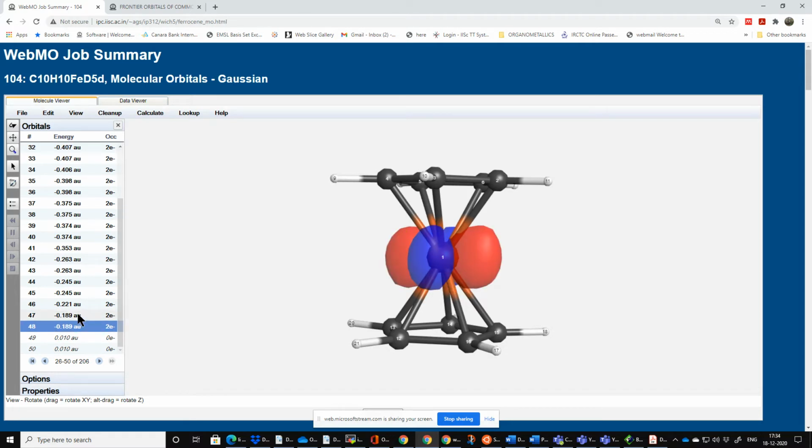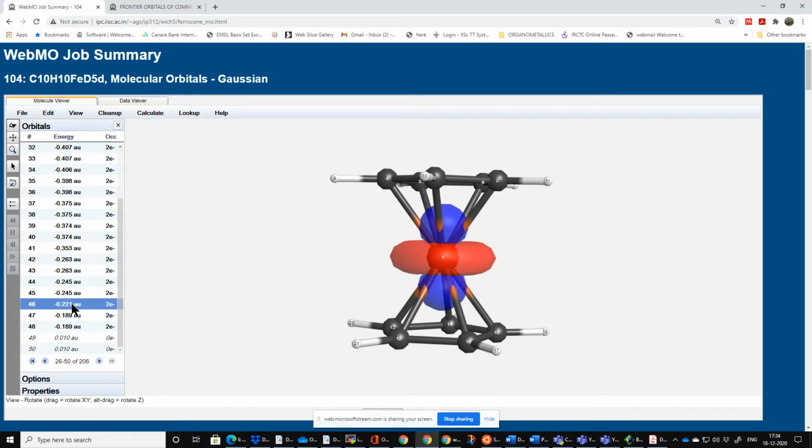Okay, so the ordering of the orbitals is slightly different depending on the type of calculations that are carried out. So usually in electronic structure calculations, which are Hartree-Fock type of calculations, the highest occupied molecular orbital is in fact the dz squared orbital.